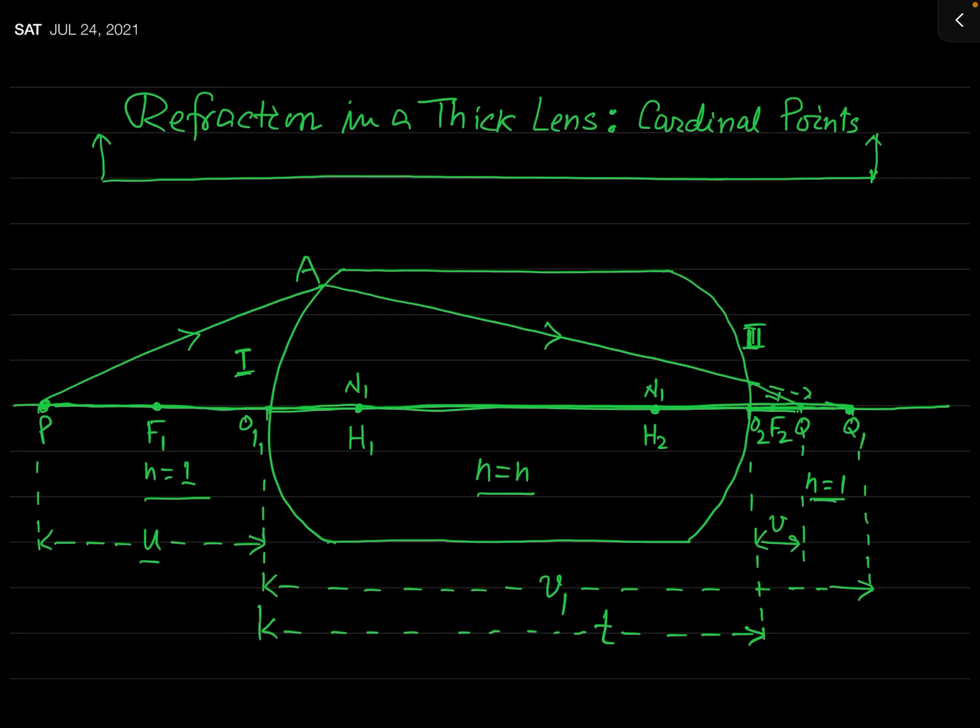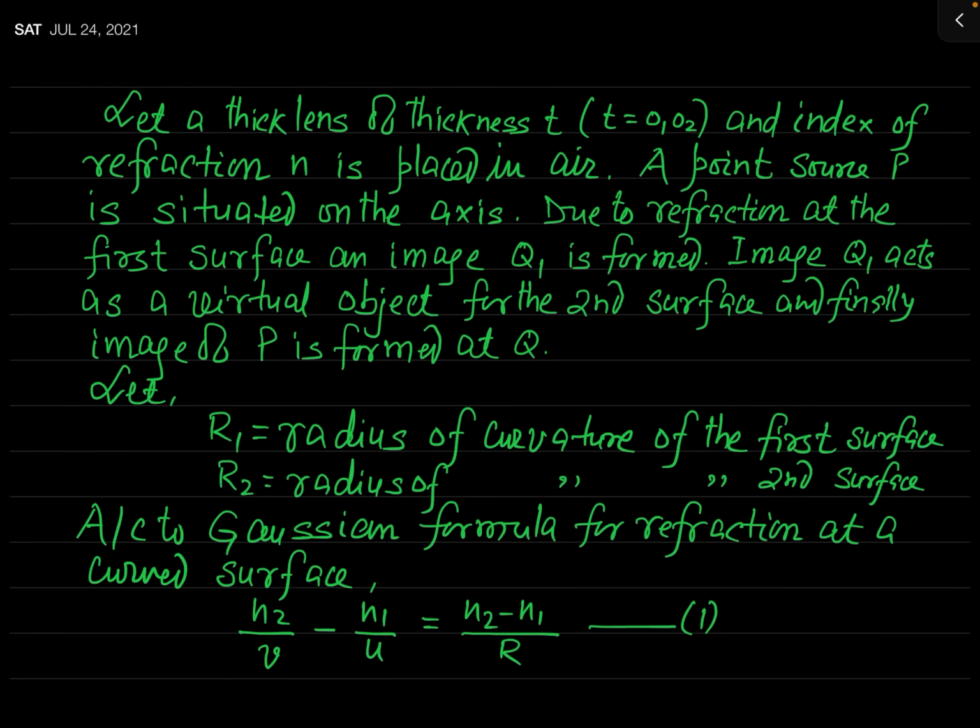First of all we will find that basic equation, and that will be obtained by using the formula which is known as the Gaussian formula for refraction at a curved surface. You can see here, this is your Gaussian formula for refraction at a curved surface. This is given as n2 over v minus n1 over u equal to n2 minus n1 over r.